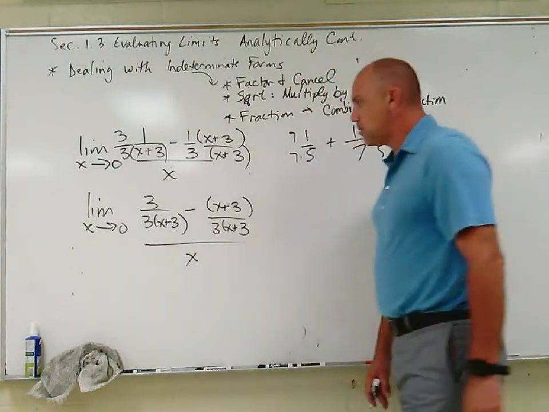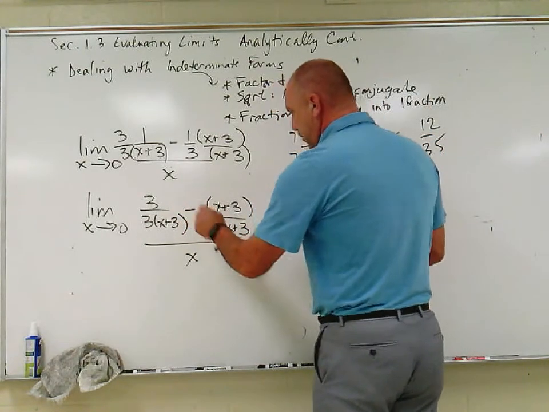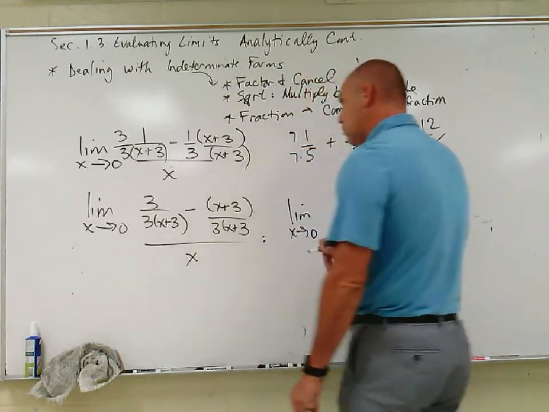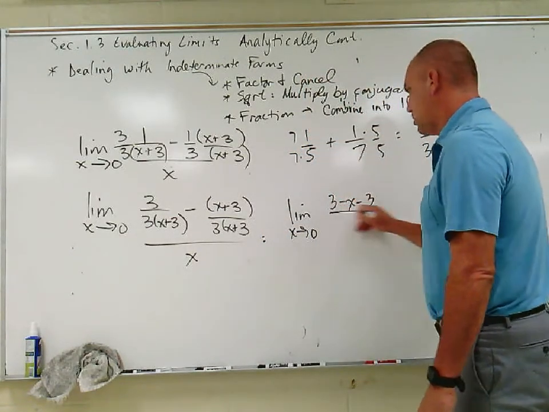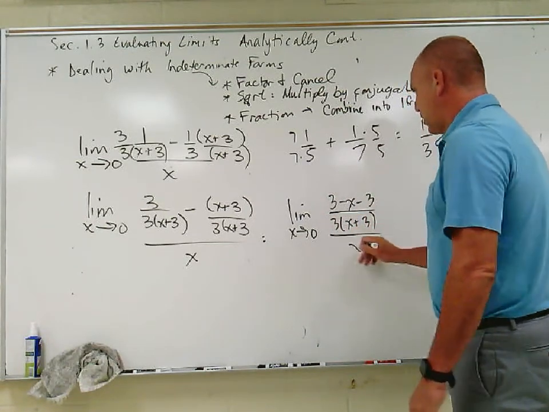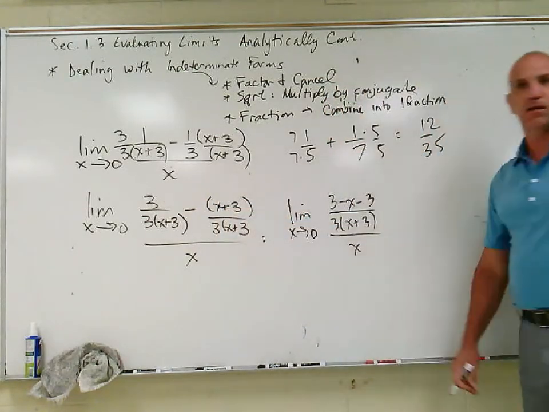And now that I have a common denominator, I can make the top one fraction. So I get the limit as x approaches 0 of 3 minus x minus 3 over 3 times x plus 3, all over x. So notice when I made it one fraction, I distributed the minus right there.